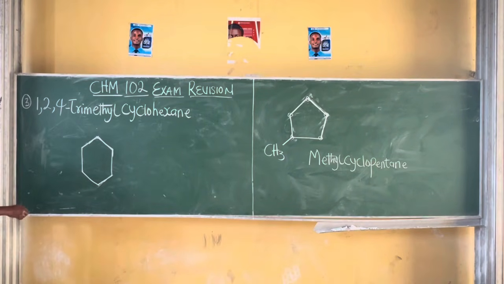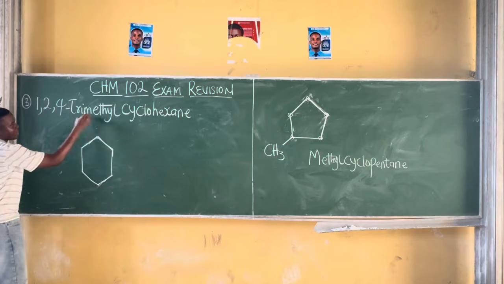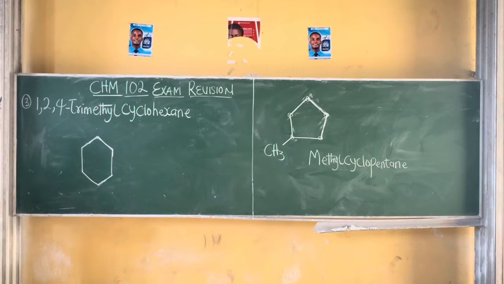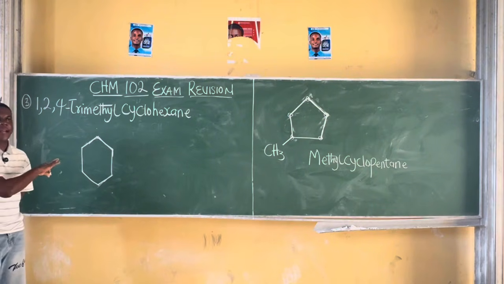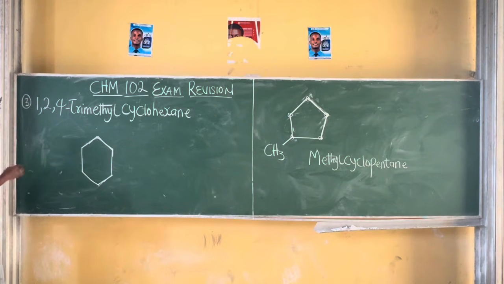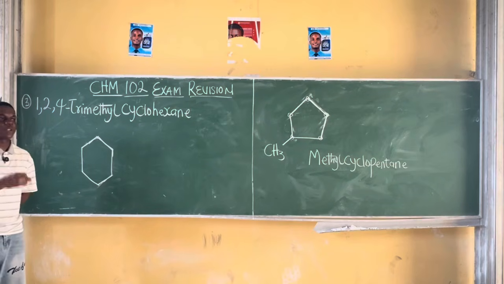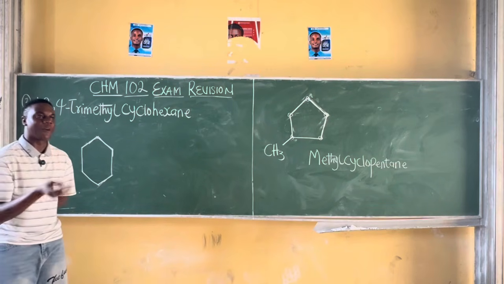Now, when we draw the 6 carbon ring, we take cognizance of the substituents. The name is already telling us that we have 3 methyl groups attached to the ring, in positions 1, 2, and 4. So where are we going to choose as position 1, position 2, and position 4?